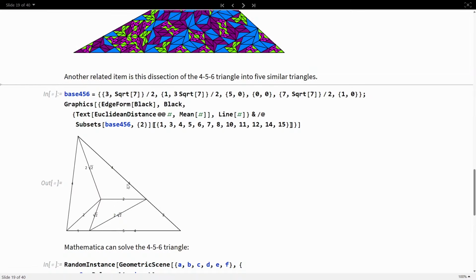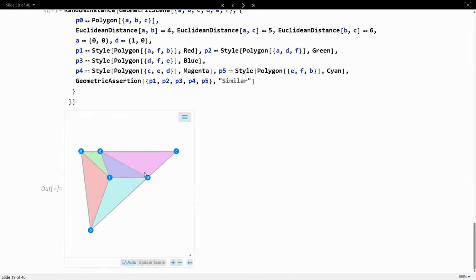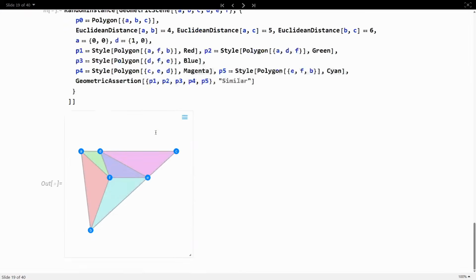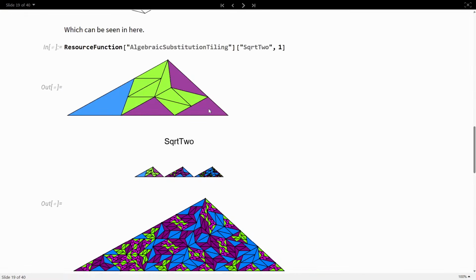So not similar to the outer triangle, but all of these internal triangles are similar. And they're all based on powers of the square root of 2. And here's Mathematica solving this problem. We can just basically plug in values and it comes up with the solution for that. So one of the triangles I found in my experiment actually did lead to a completely new tiling system.